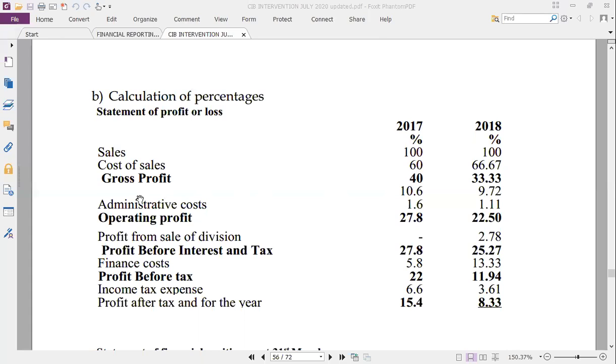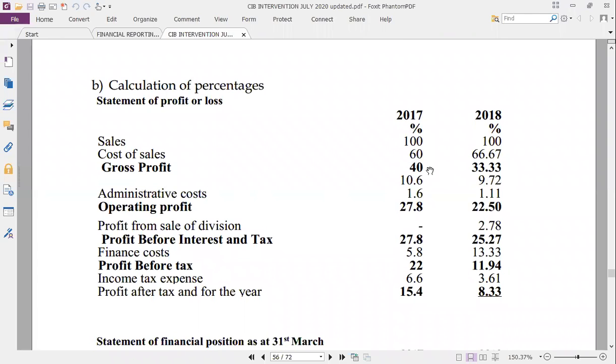Now, distribution is 10.6 and admin is 1.6. Has it increased or decreased? I think it has decreased. The one without a name is the distribution.